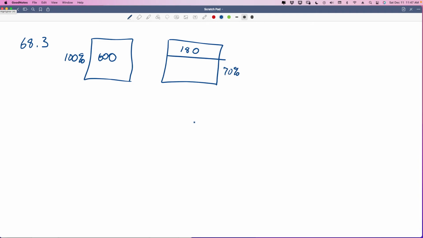So it wants us to find out how much is this percent and how much is this number. So obviously, if this is 70%, then this number has to be 30%, right? And if this is 600, we subtract 180, and we're going to be left with 420. Easy peasy, right? We can see that.